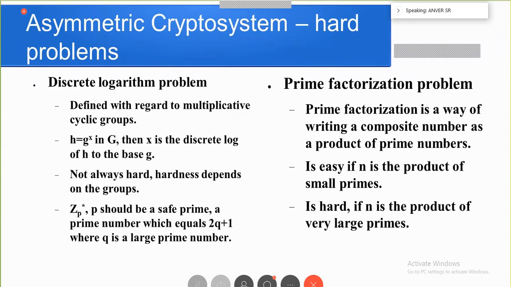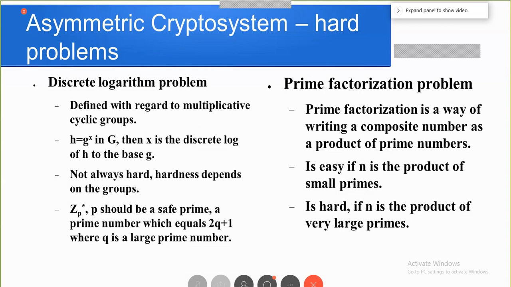Yeah. Then we have seen that the asymmetric crypto system is based on mathematically hard problems. Then what is meant by mathematically hard problems? Here we can see two mathematically hard problems that we are using in our public key crypto system. The first one is the discrete logarithm problem. Then what is the discrete logarithm problem? Here we are given a multiplicative cyclic group.